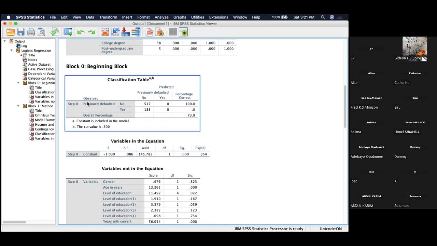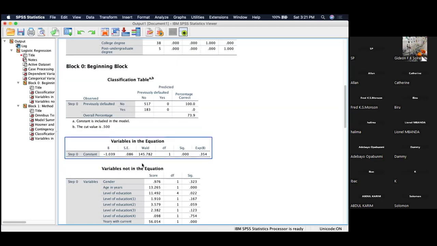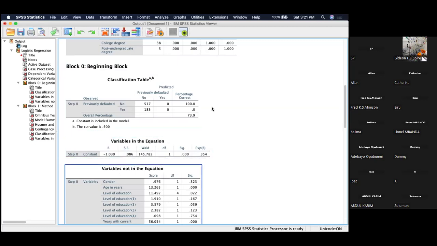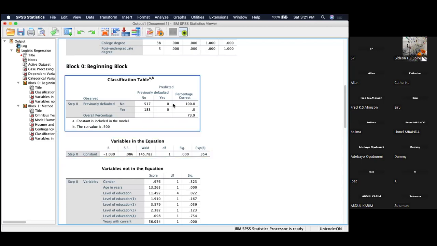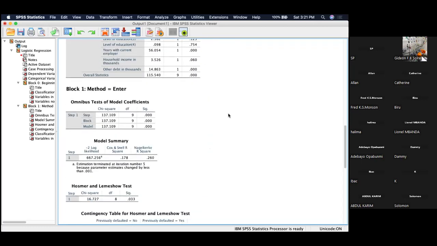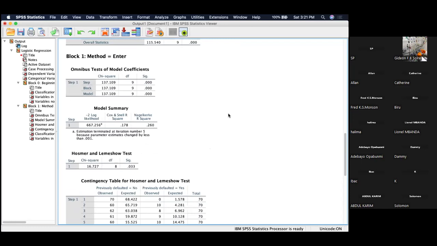Now, block 0. Block 0 is simply the output of binary logistic regression in SPSS without including the independent or predictor variables. But what is more important that we need to explain here is block 1, because this is our interest. Now, the omnibus test of model coefficients is a goodness of fit test.